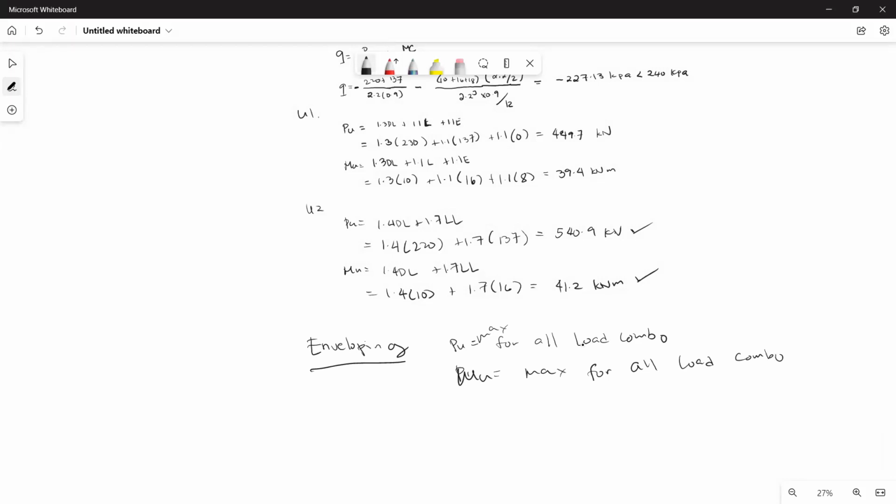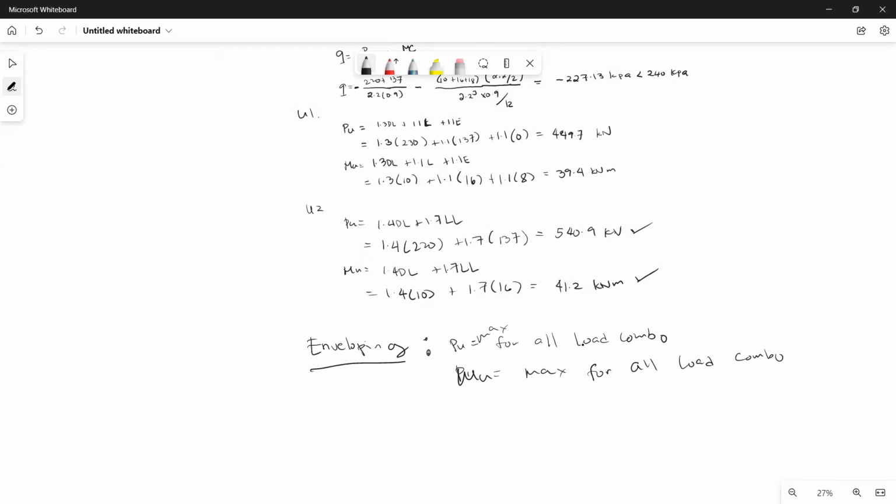So you can use enveloping, and the other way depends on the load combination itself. Whatever load combination gives the maximum is the one you use. So enveloping is basically very conservative, since you use the maximum PU and the maximum MU.